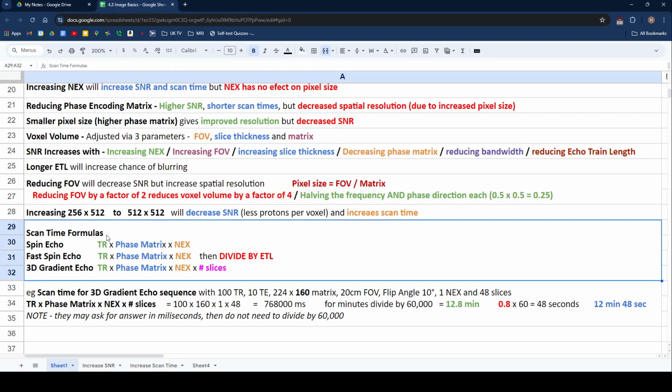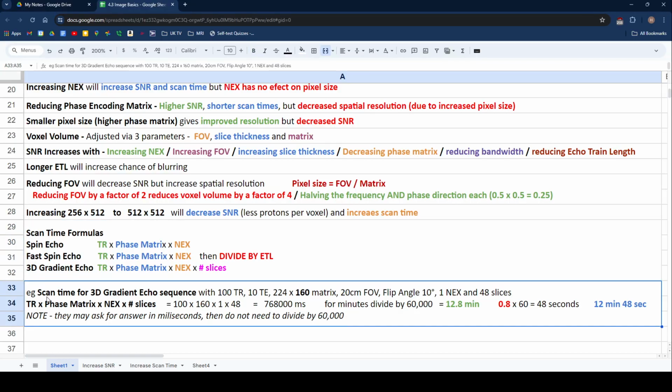So scan time formulas: for a spin echo, TR times phase matrix times NEX. For a fast spin echo, TR times phase matrix times NEX, and then divide everything by your echo train length. A 3D gradient echo, TR times phase matrix times NEX, times the number of slices.